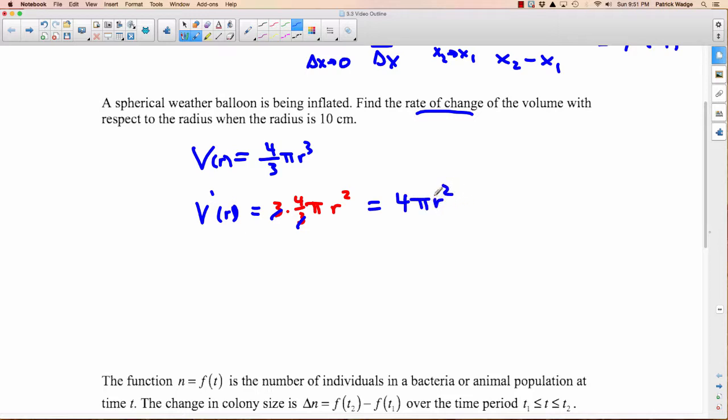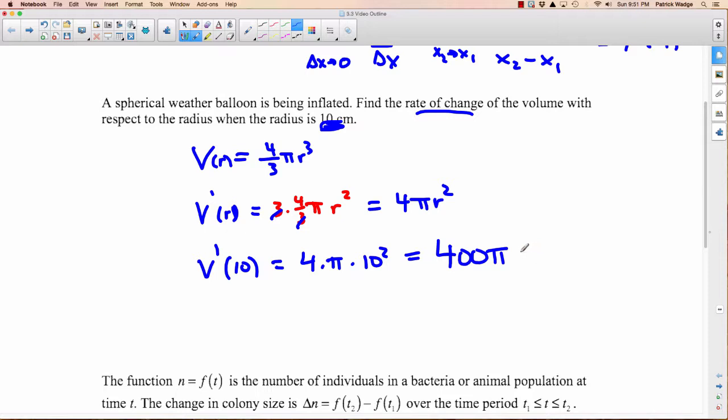If you wanted to know the rate of change of the volume for any particular radius, all you'd have to do is use this formula and plug the radius in right here. For the question we're interested in, the radius is 10. So you're going to find V prime of 10, which means 4 times pi times 10 squared. 10 squared is 100, times 4 is 400 pi.